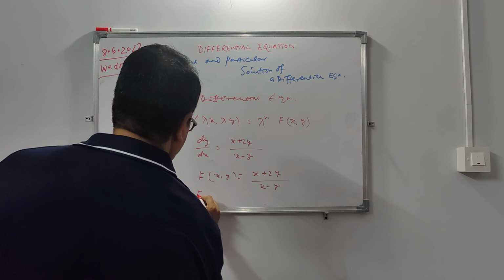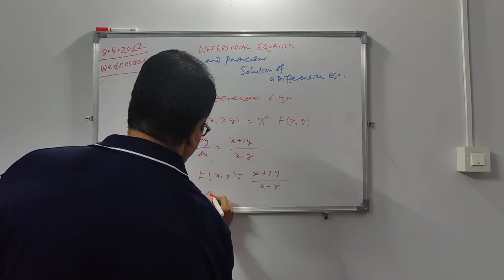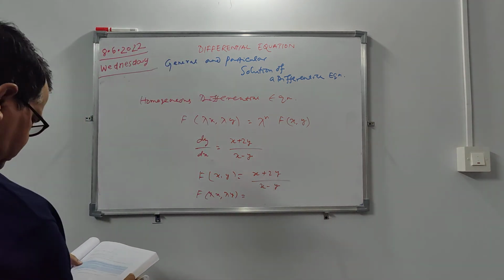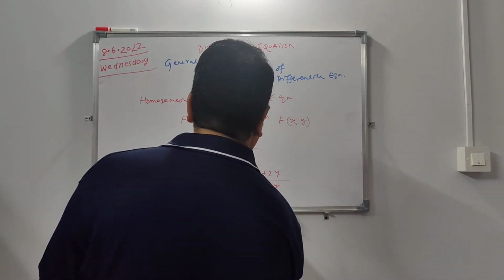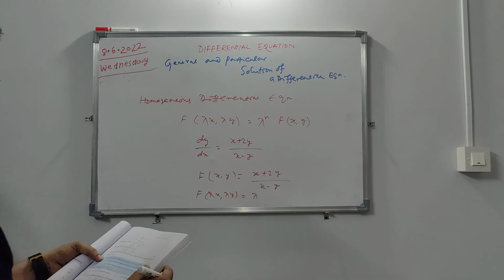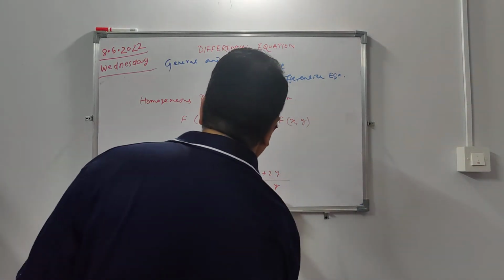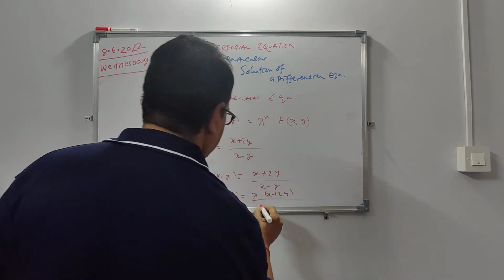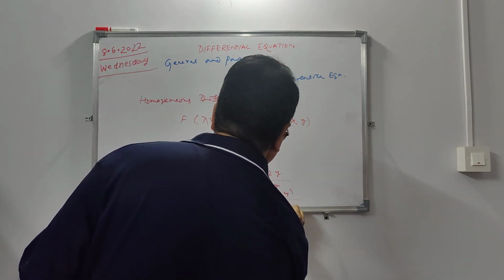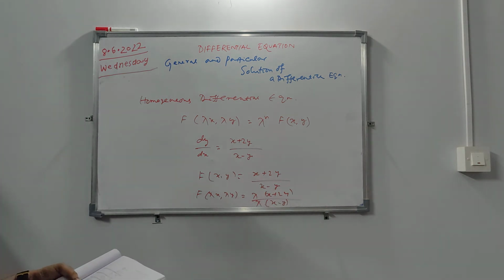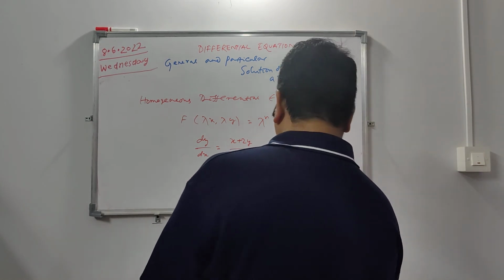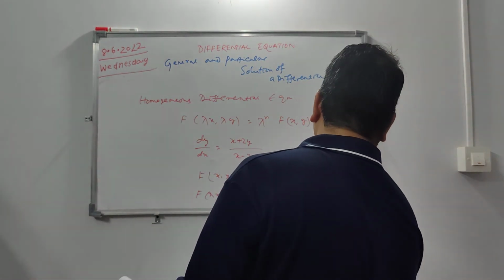So f of lambda x, lambda y is equal to lambda into x plus 2y divided by lambda into x minus y. Now this becomes lambda to the power 0 times f of x y.